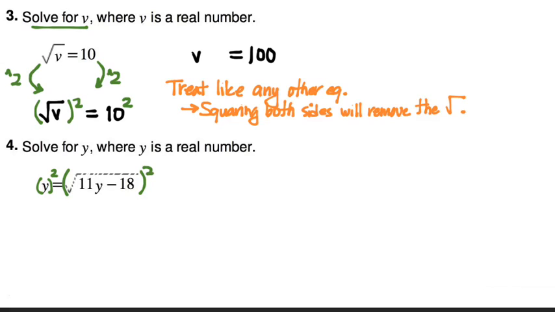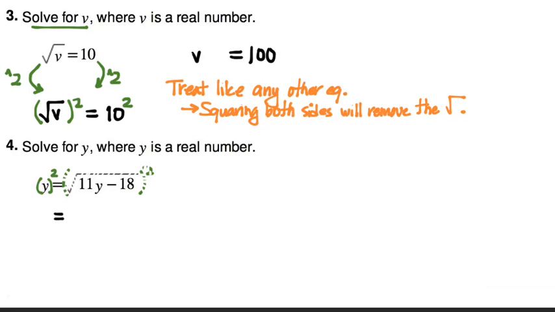And when I square the right-hand side, sure enough, the square root and the square annihilate one another. And so what then is my new right-hand side after that dust settles? What's left?